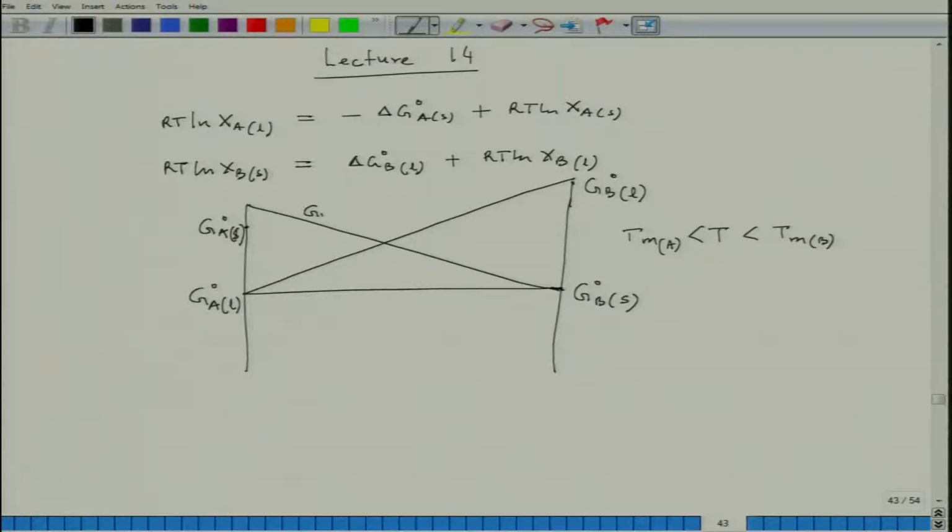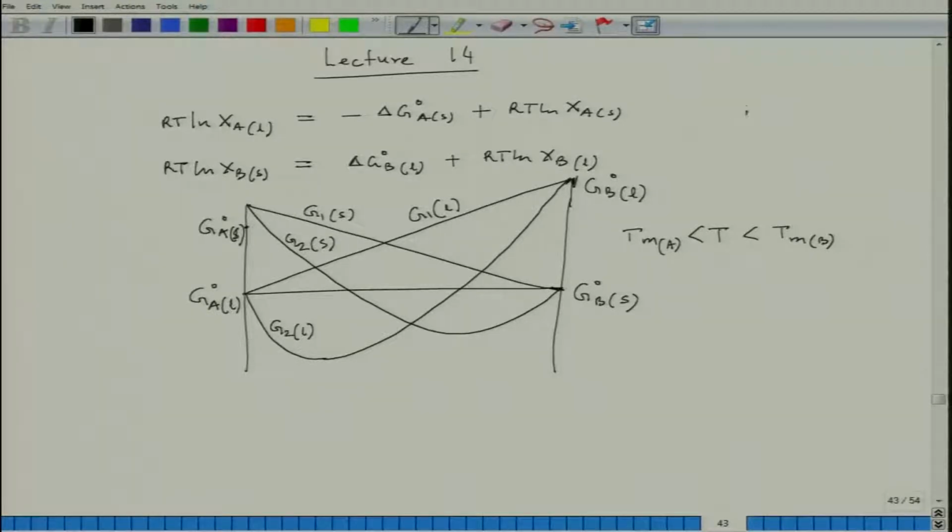This is G1 of solid, this is G1 of liquid, and then we had this is for G2 of liquid, this is G2 of solid.